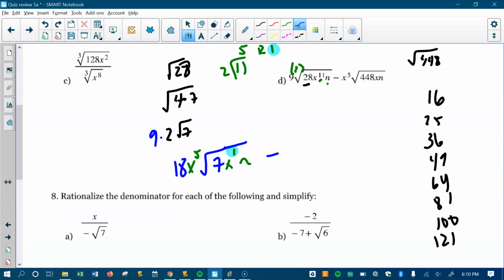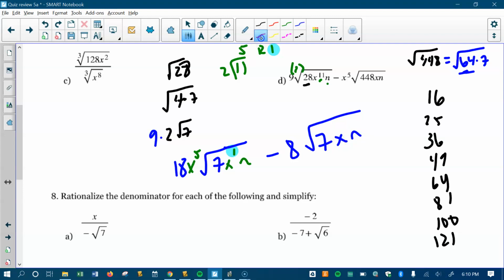So the root of 448 is going to be root 64 times 7. The square root of 64 is 8, so we have minus 8, and 7 is on the inside. The 8 is on the outside because the square root of 64 is 8. And x and n are both to the 1 power, so we have to leave those inside.